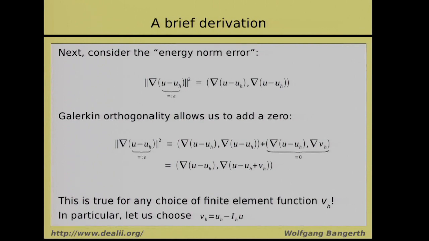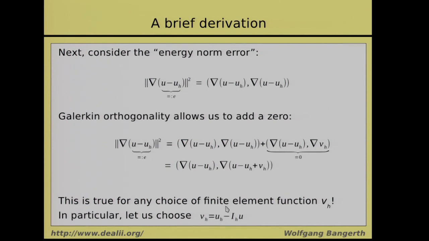The one that is particularly convenient in this context is VH equals my Galerkin solution, the finite element solution, minus the interpolant of the solution. The interpolant of the solution is that finite element function that coincides with the exact solution at the nodal points. That's the one that I'm going to choose.